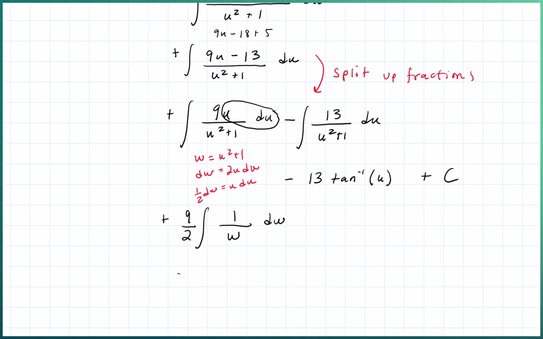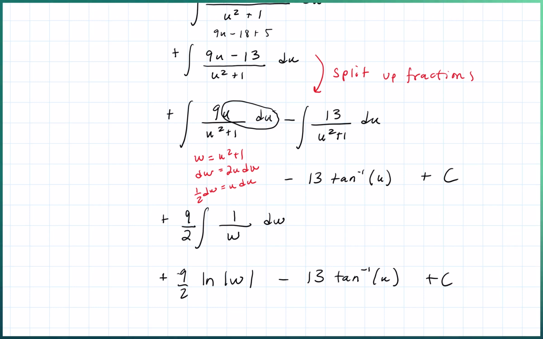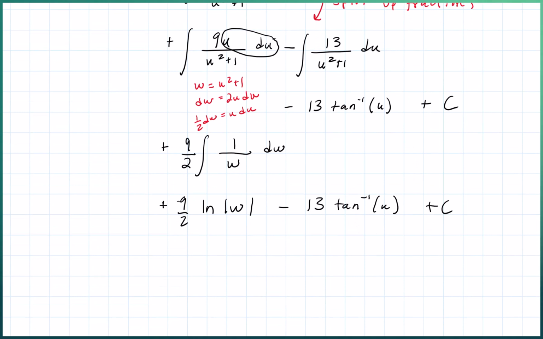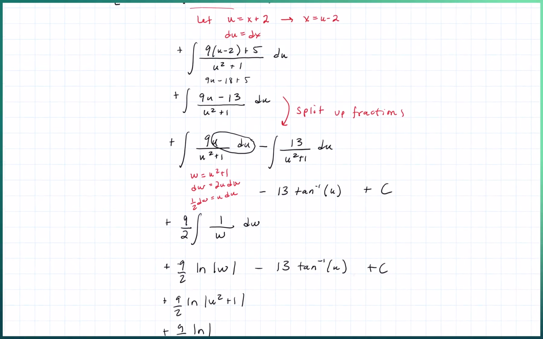Okay, so we'll keep going there. That's now going to be just 9/2 natural log of the absolute value of w. Carry down our minus 13 inverse tangent of u. And now let's work our way backwards through the substitutions. So we've got 9/2 natural log. Our w was u squared plus 1, and our u was x plus 2.